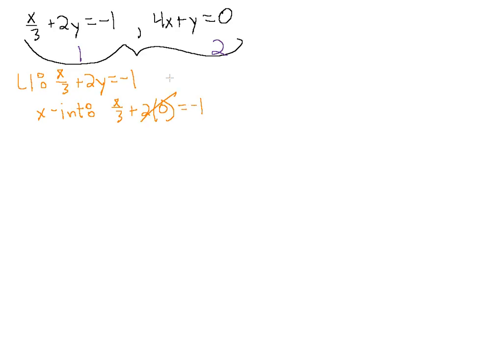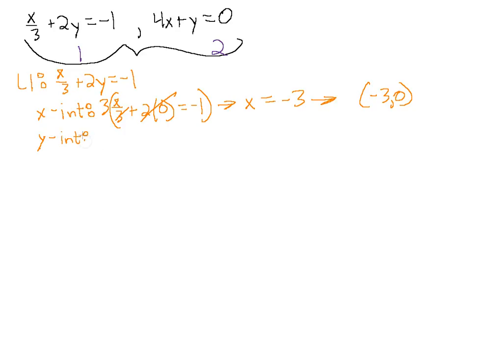These two terms cancel, and we can isolate x by multiplying both sides by 3. That cancels the denominator, leaving only x on the left-hand side, and 3 times minus 1 is minus 3 on the right-hand side. So our x-intercept for line 1 is (-3, 0).